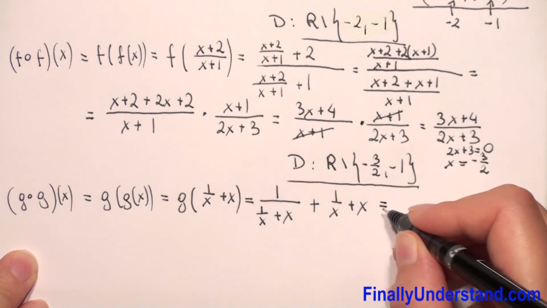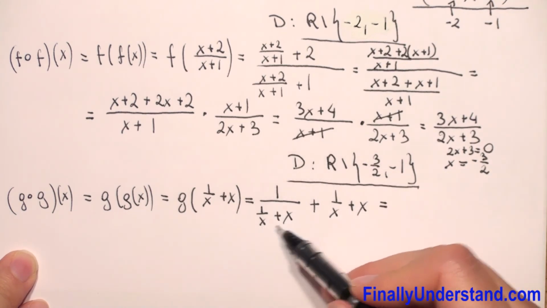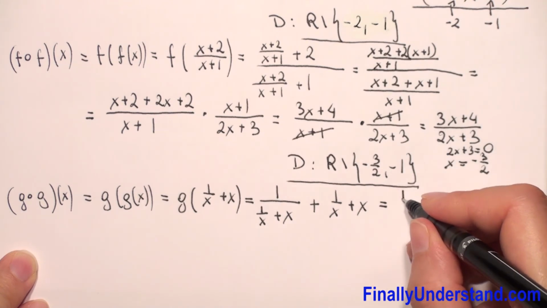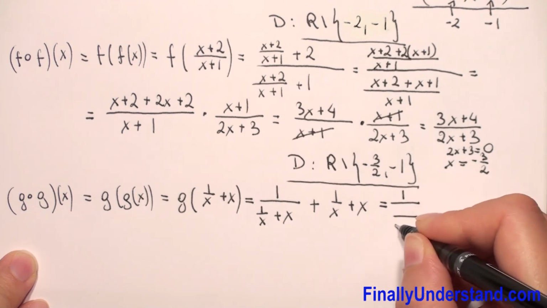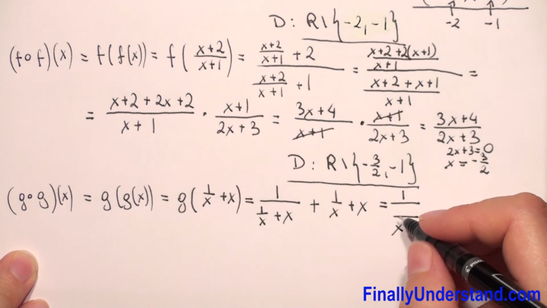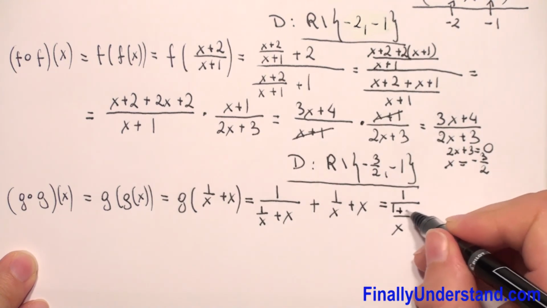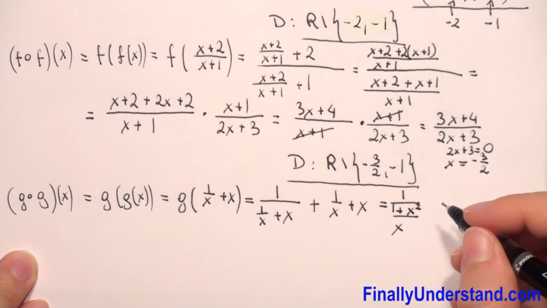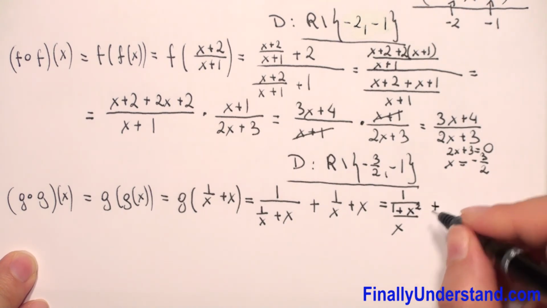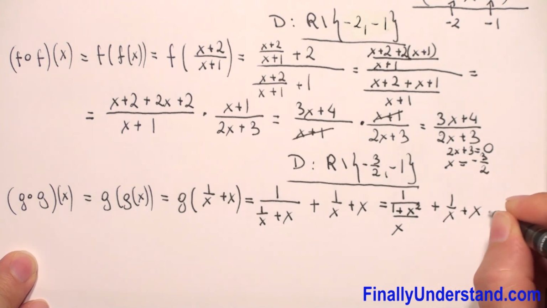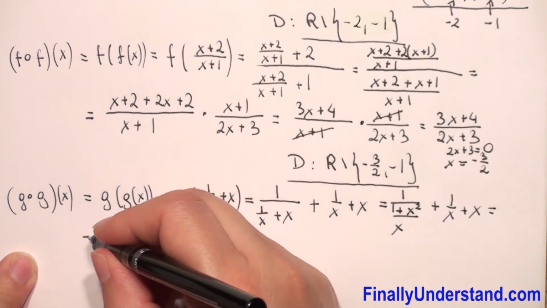So this is equal. To add these two expressions, I have to have the same denominator, so it will be 1 over x, the common denominator will be 1, I just copy, plus x square, and the rest I just copy. We have 1 over x plus x. This is equal.